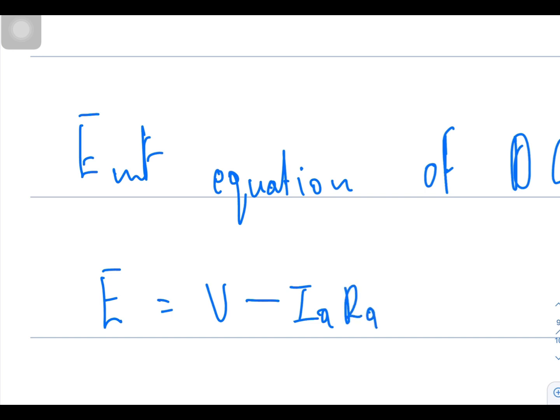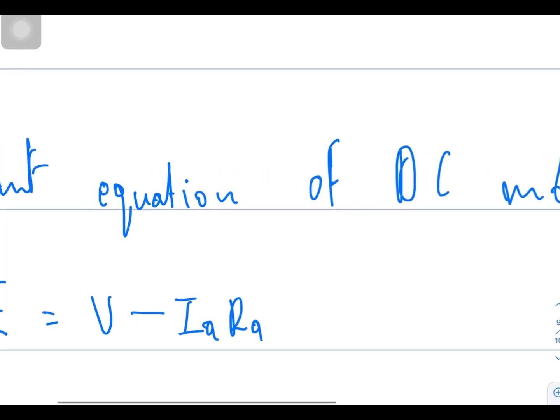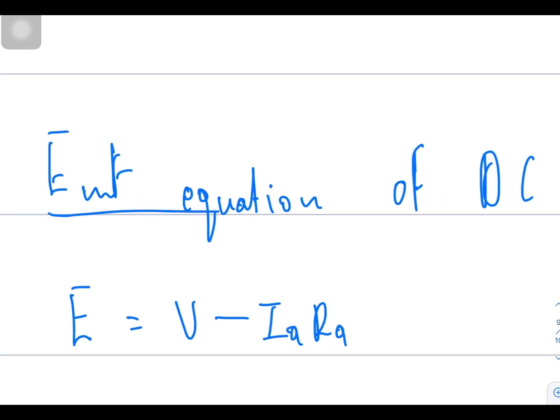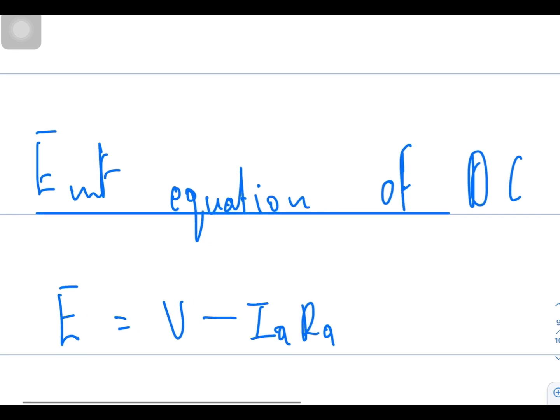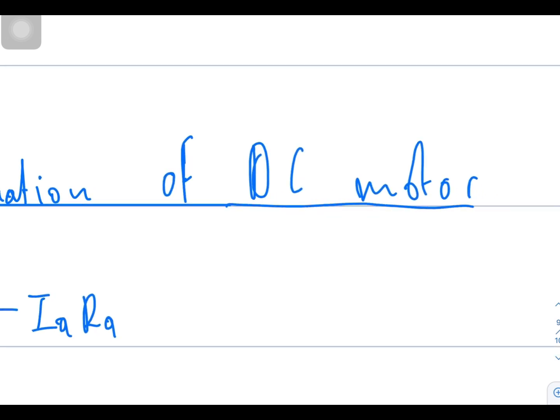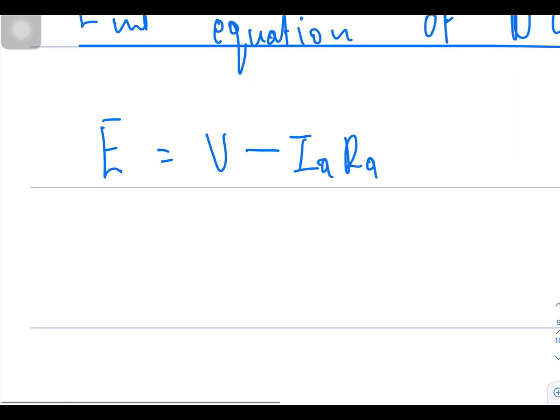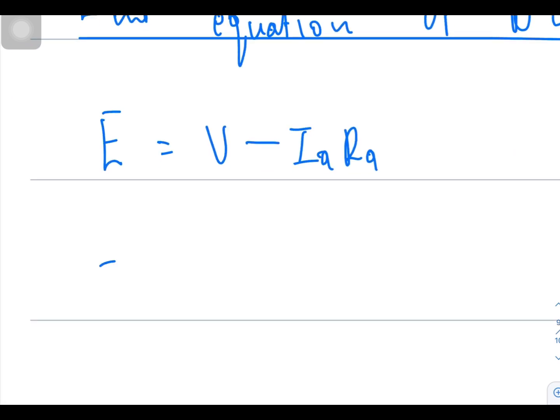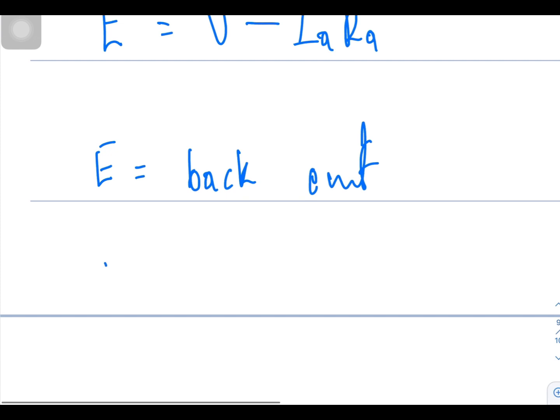So this EMF equation is specifically for a motor. E in a motor is the back EMF, and V is the supply voltage.